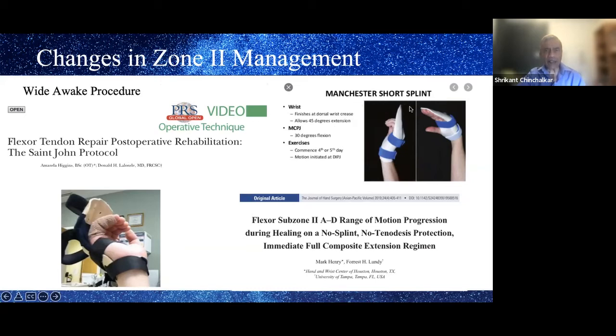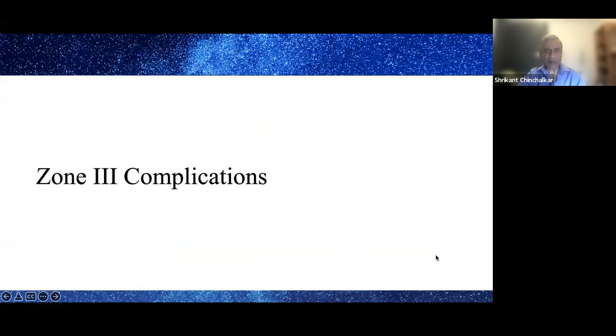And then of course, Manchester short splint. There are some benefits of that. And then of course, there is another paper which just emerged not too long ago, which is looking at range of motion progression during healing on a no splint, no tenodesis, protection, immediate full composite extension regimes.